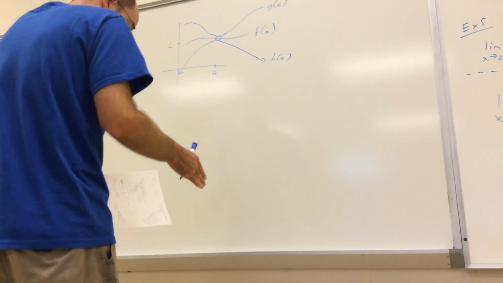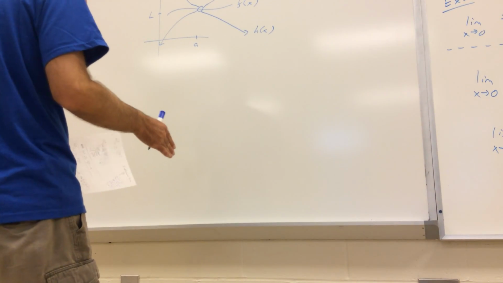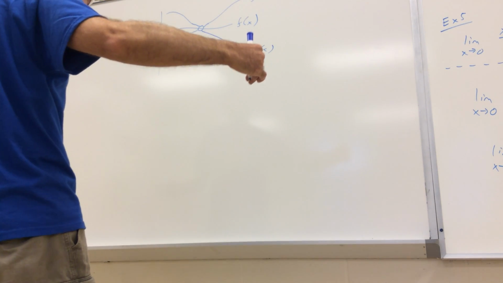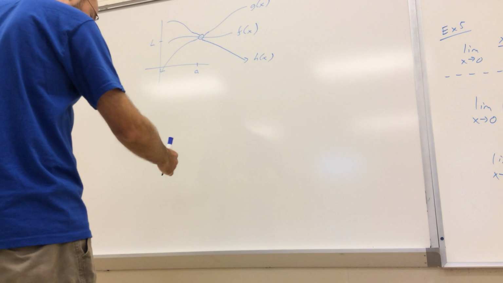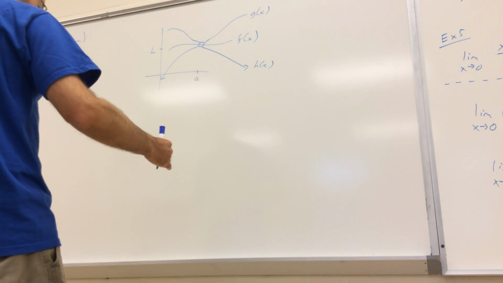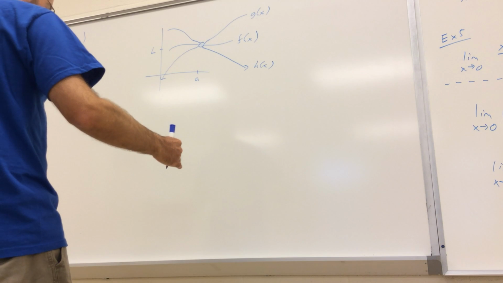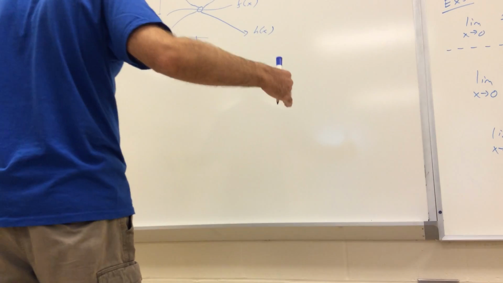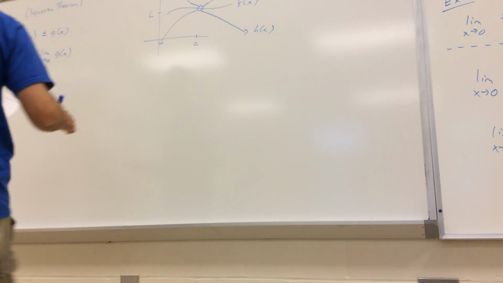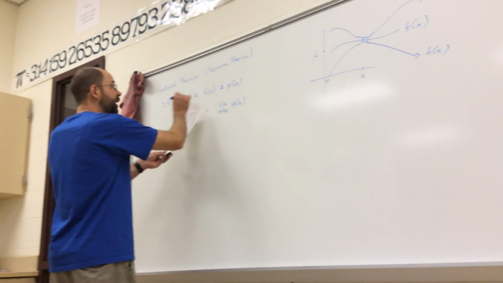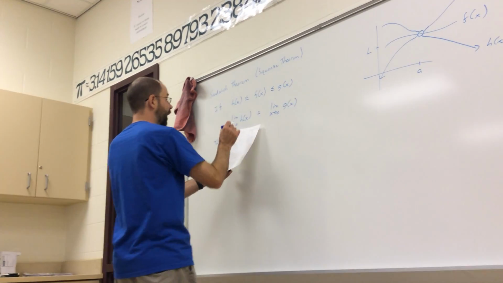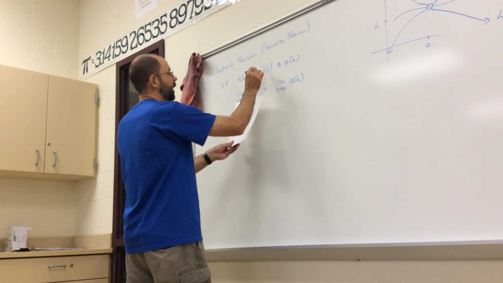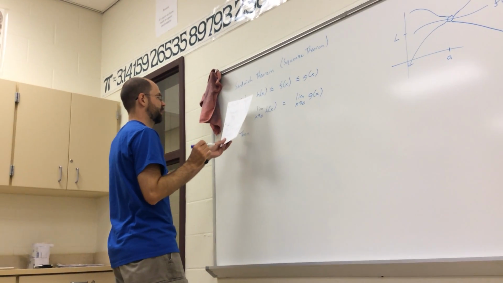So you're f of x, you're the car in the right lane, and let's say the semi is getting closer and closer to your lane, and then the semi in the left lane decides to switch lanes and gets closer and closer to your same place, then you're going to get trapped in the middle. That's what's going on in here. If you're always in between two semis, and this semi is getting close to the same place as this semi, then you're going to get squeezed in the middle. You're going to get sandwiched.